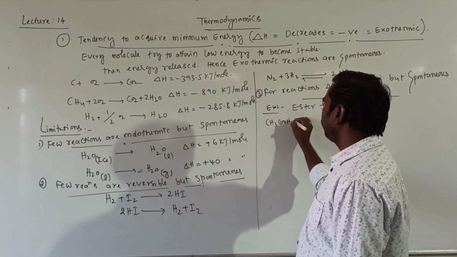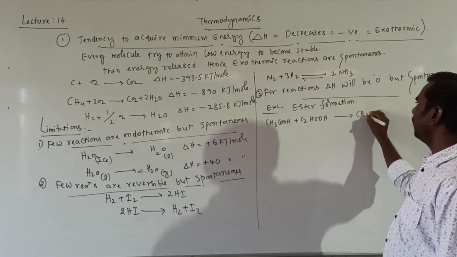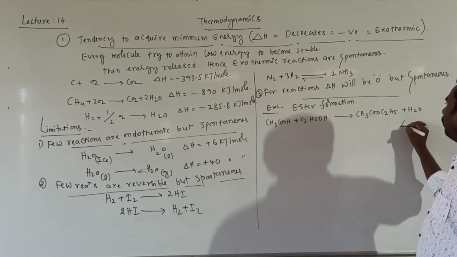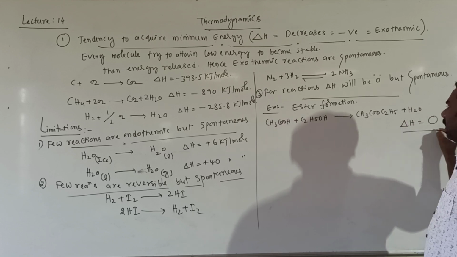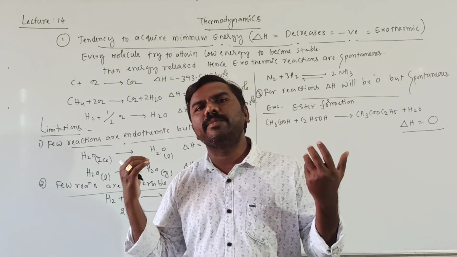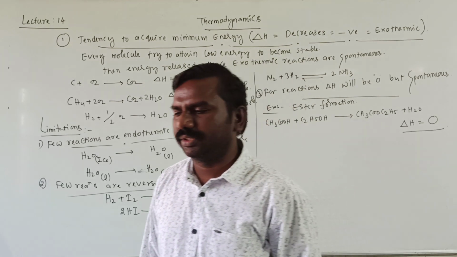CH3COOH plus C2H5OH gives rise to CH3COOC2H5 plus H2O. For this, delta H value becomes 0. No heat is released, no heat is absorbed. But even then it is a spontaneous reaction.